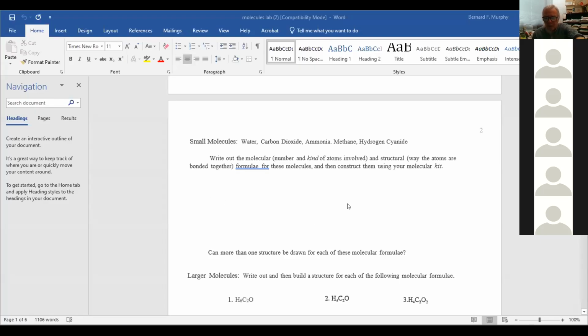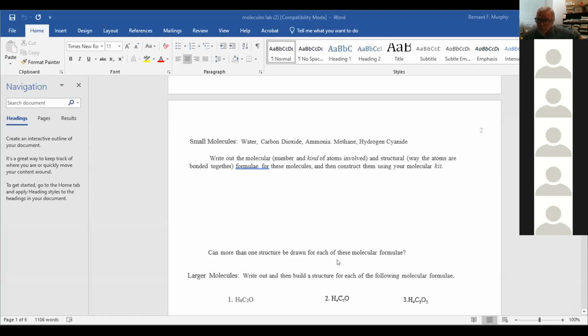Let's stop with that and then go back to the molecules paper. So you draw out those molecular and structural formulas for those small molecules. Then it asked, can more than one structure be drawn for each molecular formula? Can you draw water any other way?